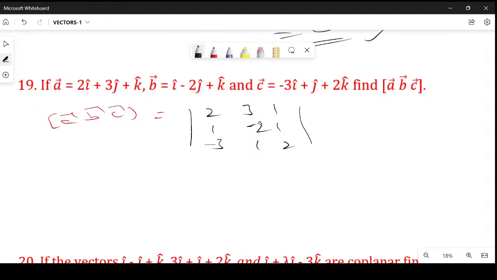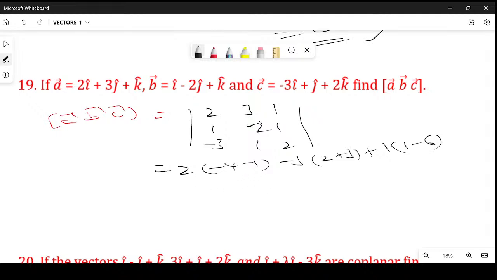You can find this. Just expand now. Expand the determinant, you will get 2 into minus 4 minus 1, minus 3 into 2 plus 3, plus 1 determinant expansion 1 minus 6. Should be careful.